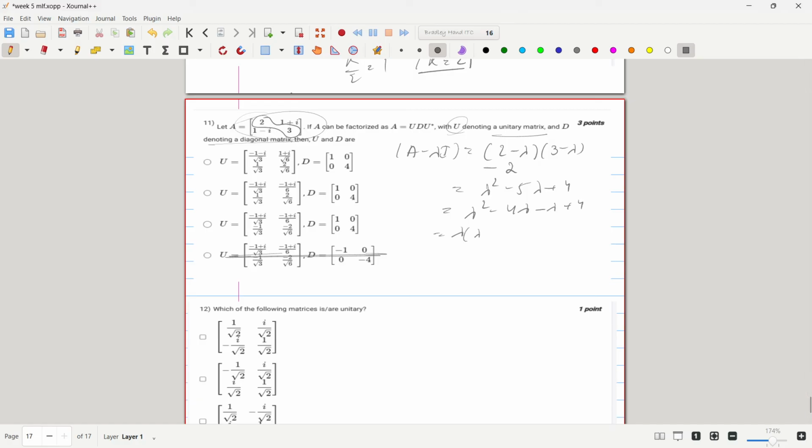If you take lambda common, lambda minus 4 and lambda minus 1. So lambda should be equal to 1 comma 4. So now you see the eigenvalues are 1 comma 4.